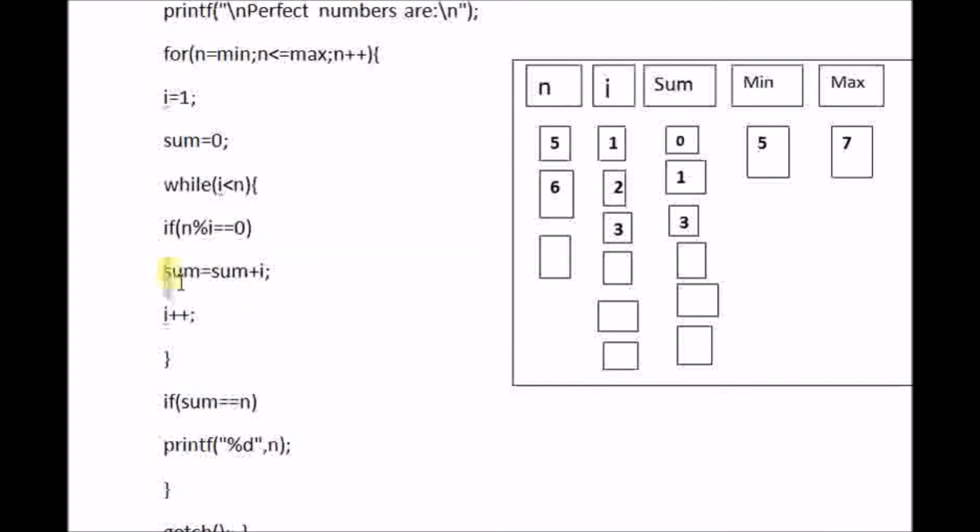Once again the condition is true. This statement gets executed. Sum is equal to sum, that is 3, plus I, that is 3. So the value of sum will be 6. 3 plus 3 is 6. I gets incremented. Value of I will be 4.